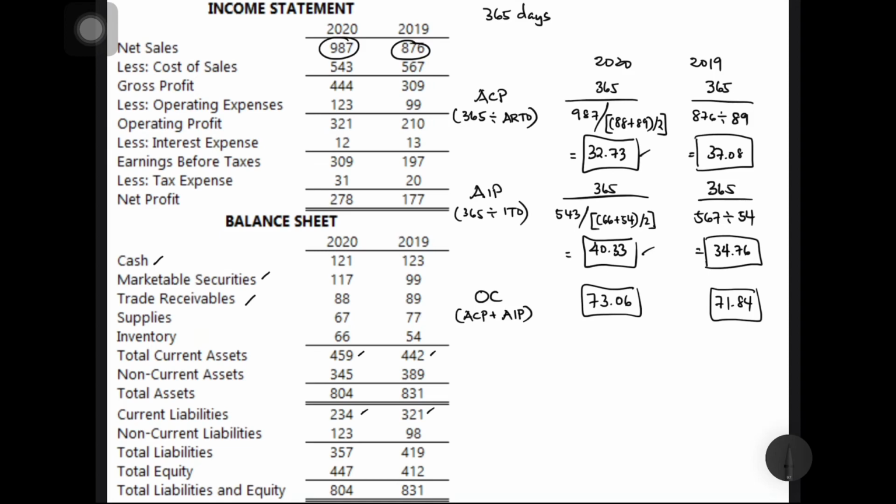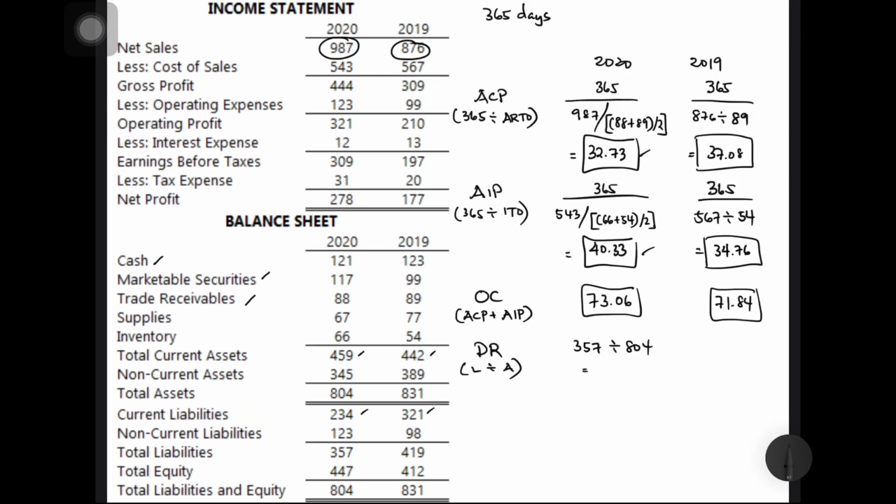So I'm done with the liquidity ratio, but let us proceed. We still have space. Let's compute your debt ratio. And the formula for debt ratio is your total liabilities divided by assets. In 2020, your liabilities is 357 divided by your assets, it's 804.